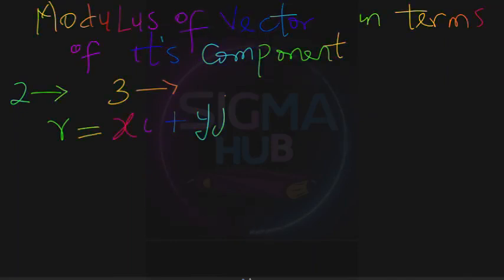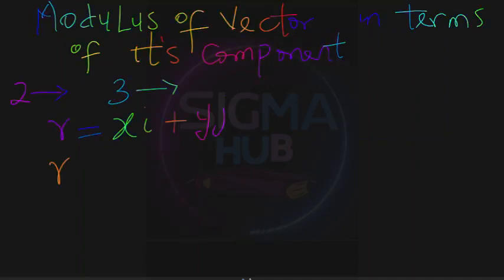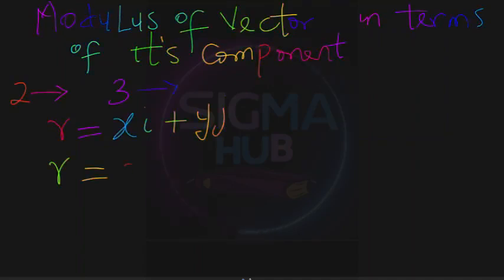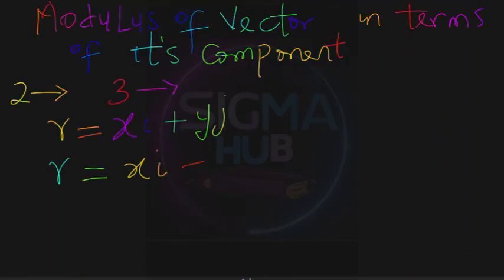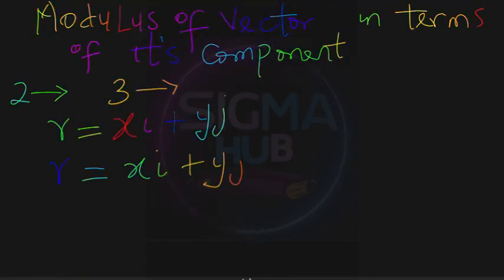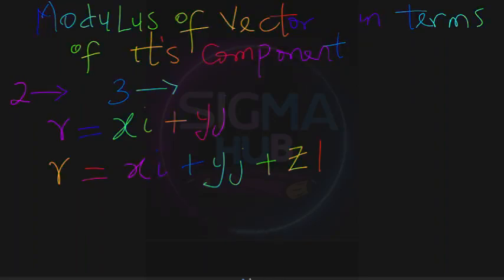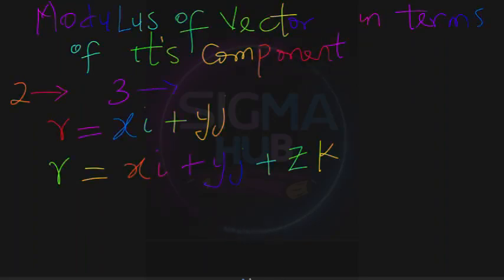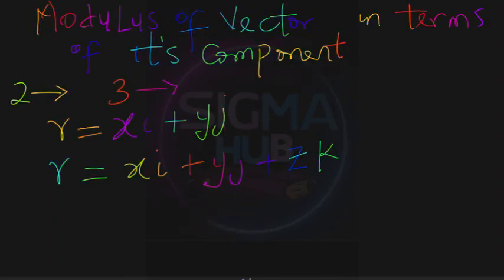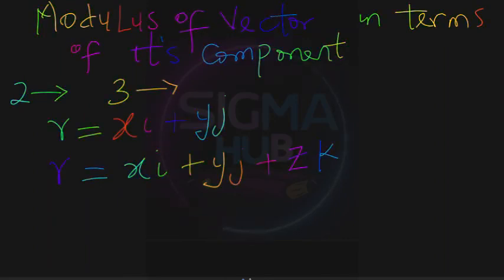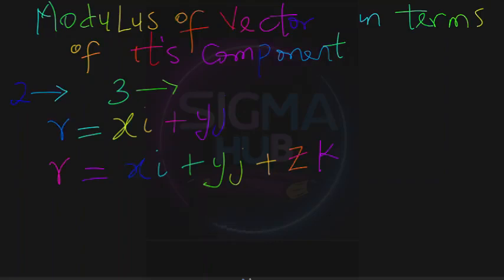While a three-component vector can be written as vector R equal to xi plus yj plus zk. So it has the i component, the j component, and the k component.